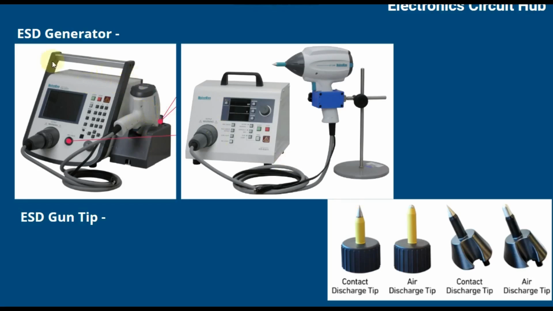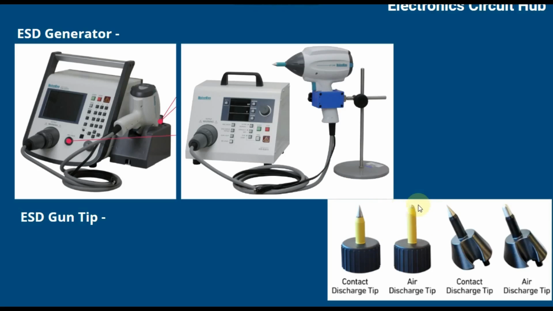You can see different types of ESD generators. This is one type of ESD generator, this is another type of ESD generator. You can also see the ESD gun tip, this is the contact tip. You can see the contact tip is a bit sharper, but in the air discharge, the tip is a bit wider.